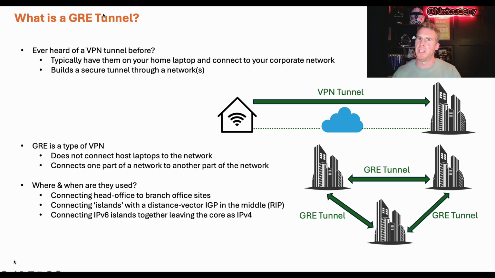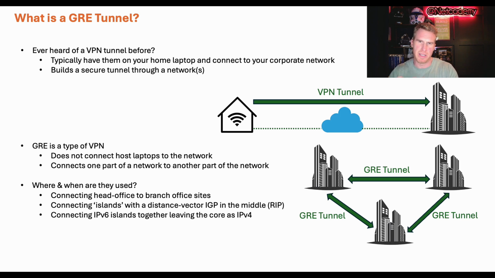Another use case of when you could use GRE tunnels, and this isn't to say that this is all of them, is when you've got two sites which are separated by a huge network running RIP.